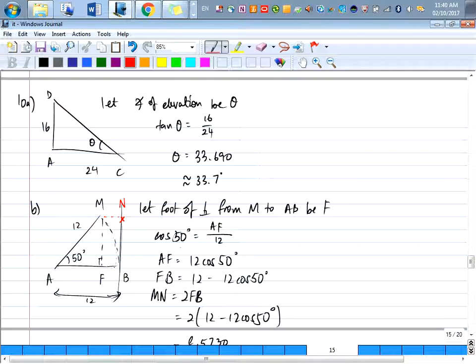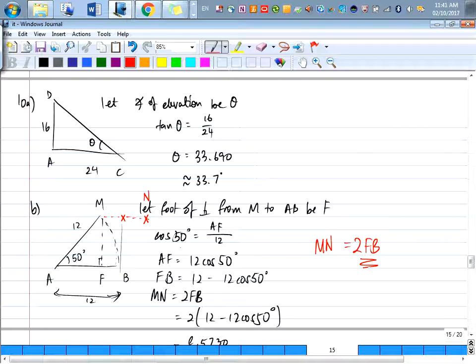I can't hear you. 2 times of FB? No, MN. Oh, okay. MN is 2 times of FB. Yep, you're right. So this is the middle. N is over here. So MN is equals to 2 times of FB.